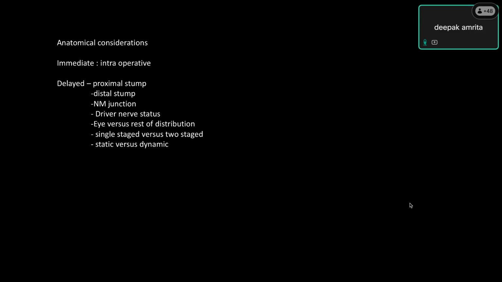Let's say your nerve has been transected beyond the divisions of the facial nerve. Then you can selectively neurotize the distal branches by putting nerve grafts, and you can get good function, good mimetic function without much synkinesis.